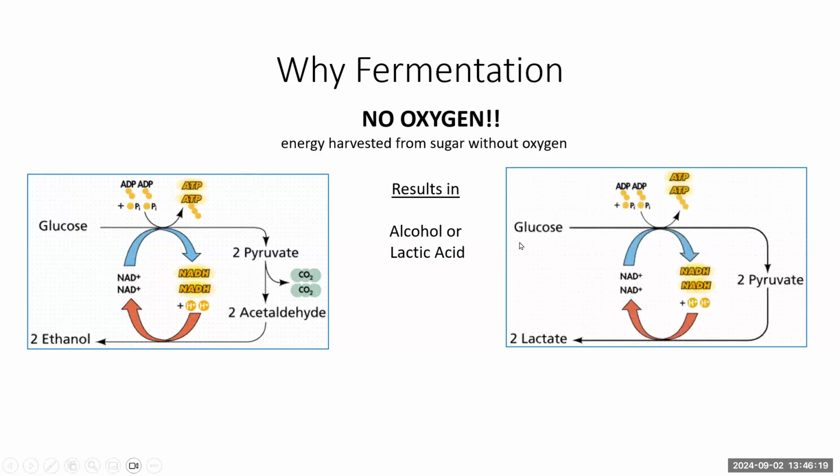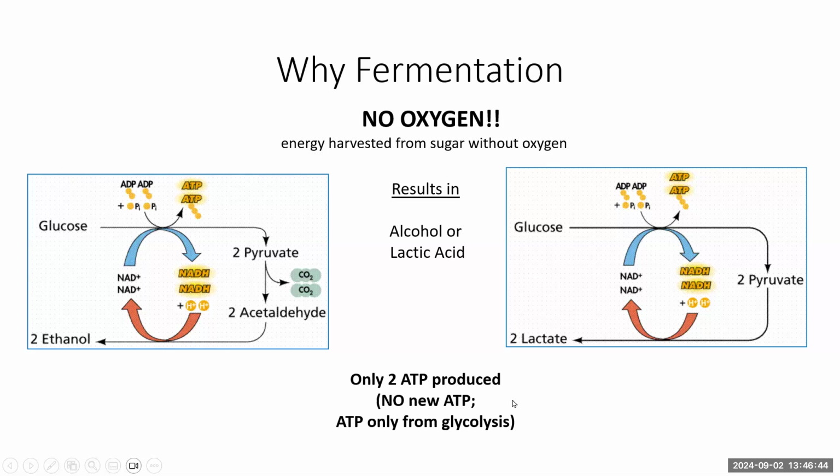The second option without oxygen is to take that pyruvate and change the molecule slightly to make lactic acid, also known as lactate. And once again, the NADH from glycolysis is not used. It is just returned back to become an electron acceptor once again.